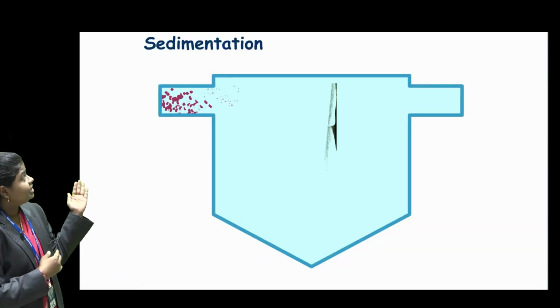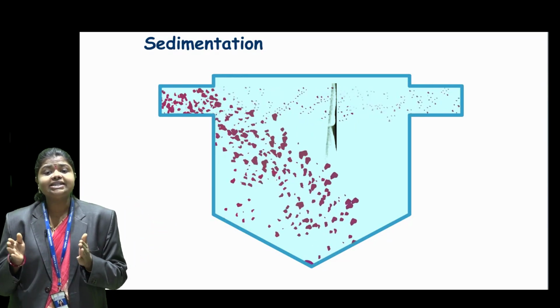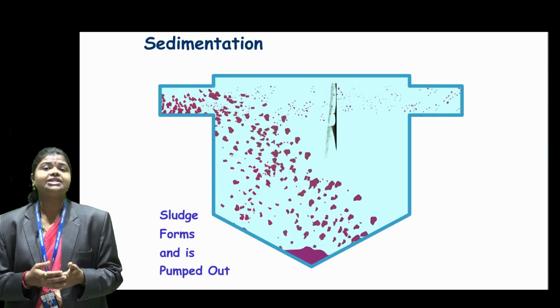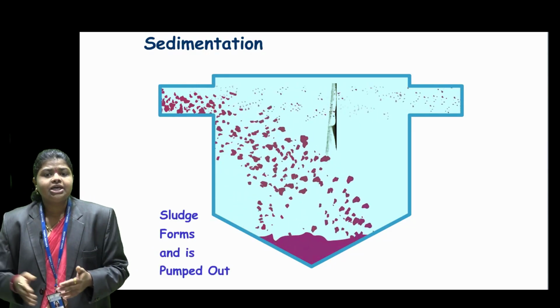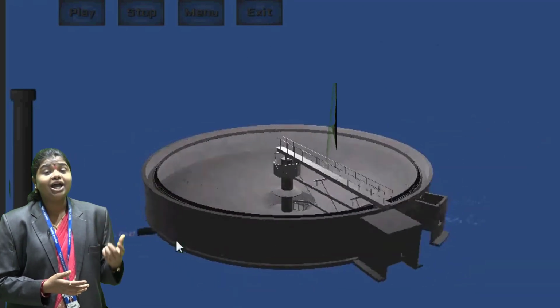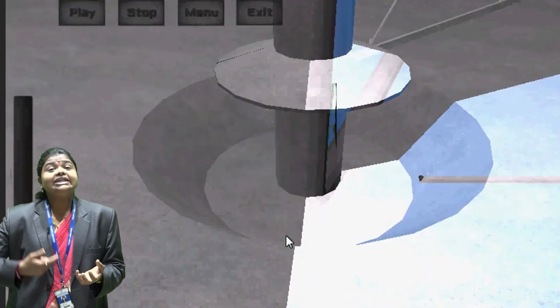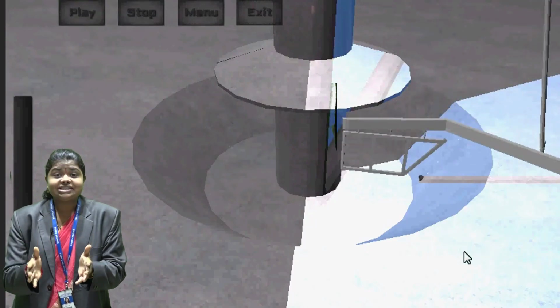The next unit of our wastewater treatment plant is the secondary settling tank, that is, secondary treatment. This involves treating the liquid part of the wastewater biologically, meaning microorganisms are present for decomposition of the wastewater.